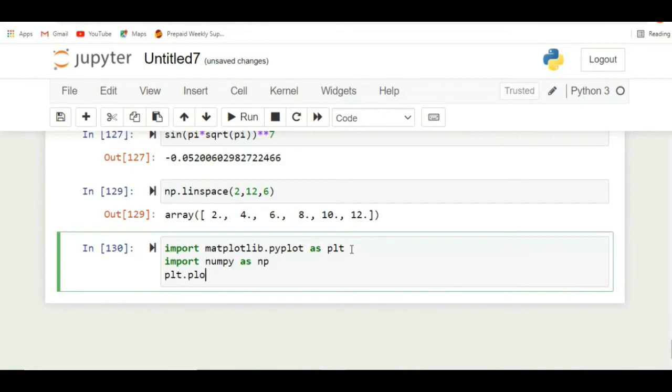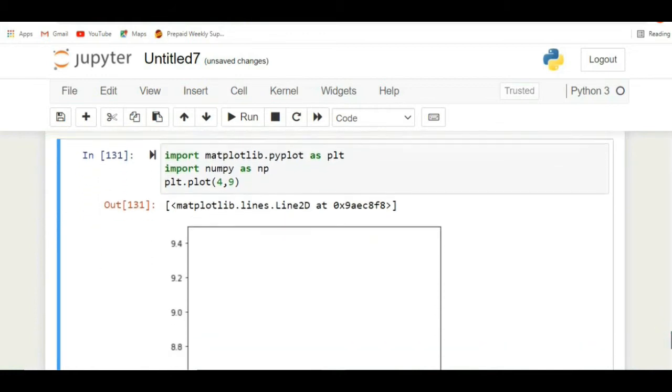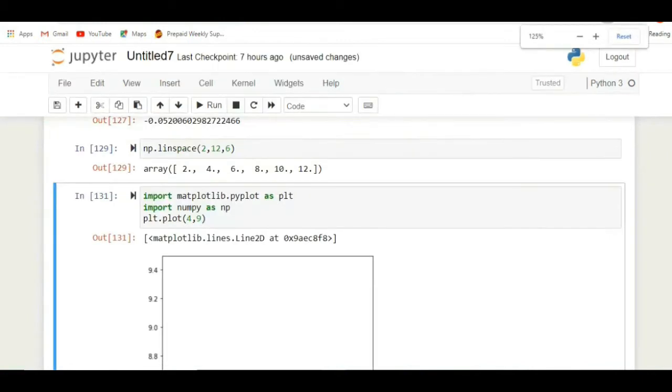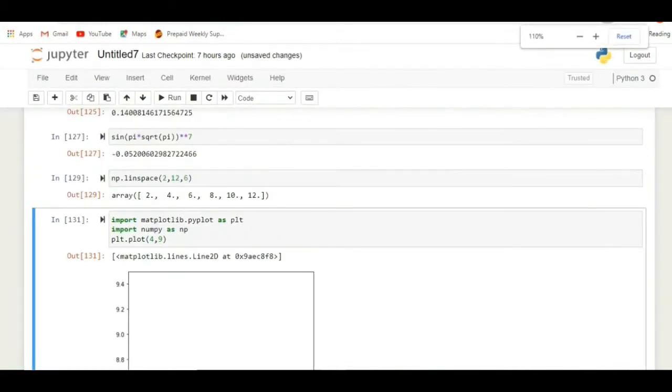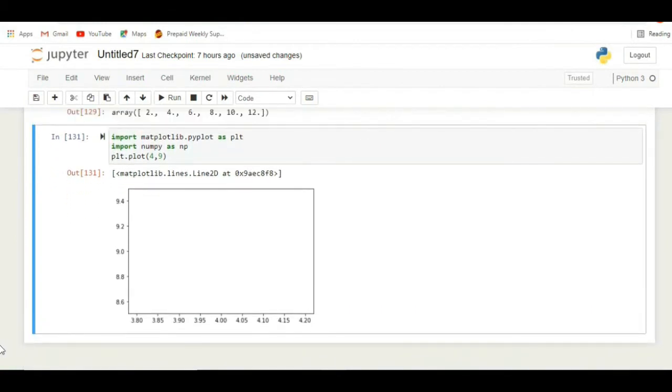The code we write is plt.plot, and we are plotting the point 4,9. Press control and enter to check the plot, but you can't see anything here.